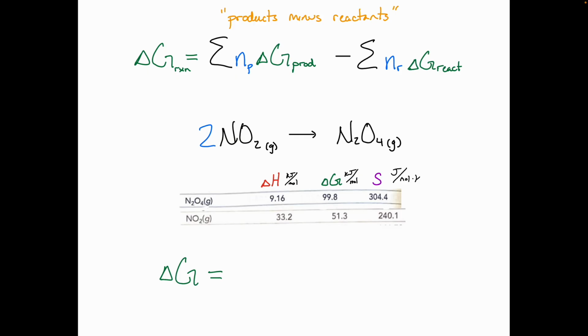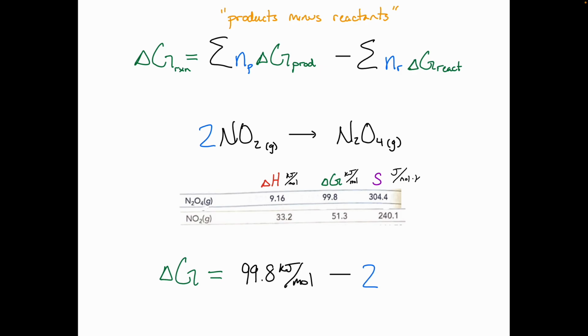All right, my product, I'm talking about delta G, so I'm going to look at this middle column here. My product is that N2O4, so I'm going to grab that 99.8 kilojoules per mole, and I'm going to subtract off my reactants, my 51.3, but I'm going to multiply that by that stoichiometric coefficient from my balanced chemical equation.